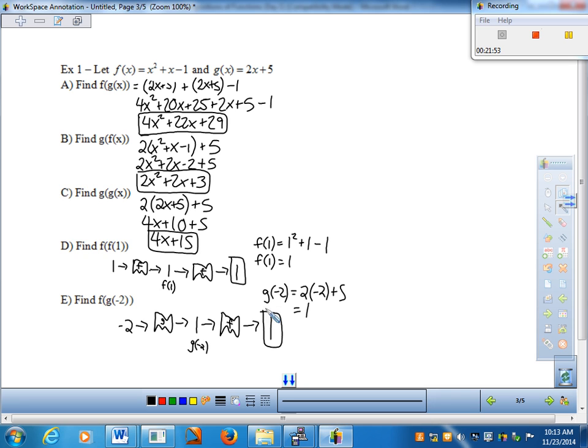All right. I do want to show you one thing just before we move on to the next piece. If you look at this, do you see that we did F composed of G of -2? Did anything strike you as you looked back on this a little bit? Look at letter A. Didn't we already create a function for F composed of G of X?